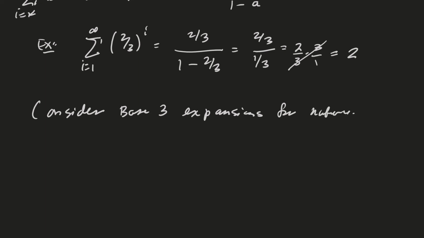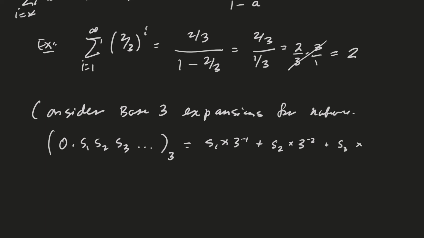Okay, and so, if you're given a number 0.s1, s2, s3, dot, dot, dot, base 3, that's equal to s1 times 3 to the minus 1 power plus s2 times 3 to the minus 2 power. This is base 10, right? Plus s3 times 3 to the minus 3 power, and so on.